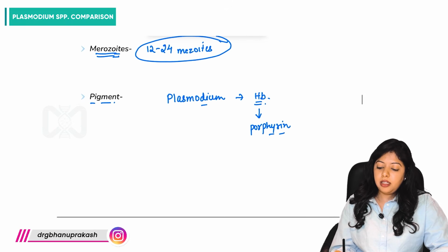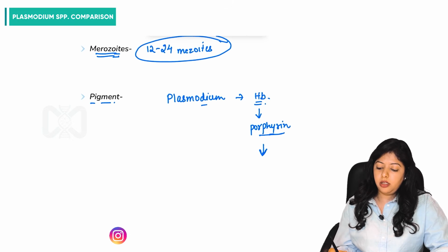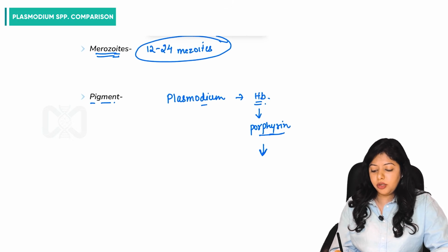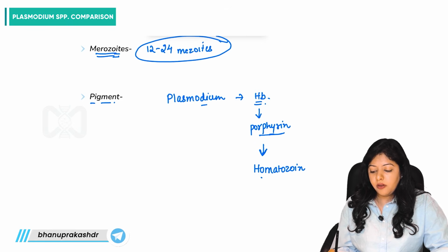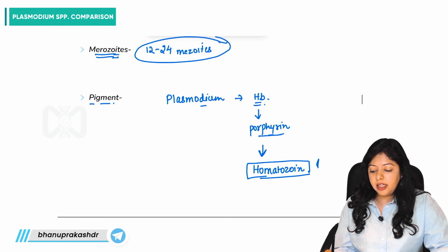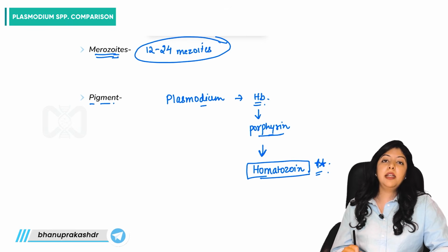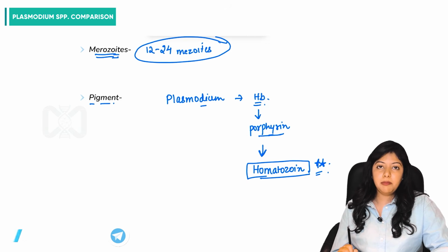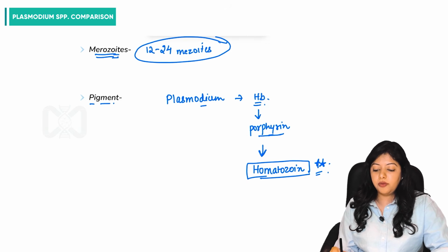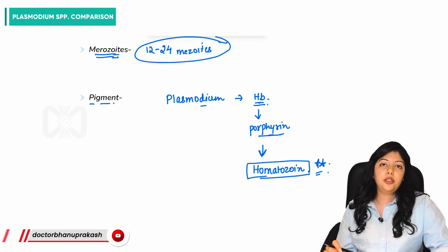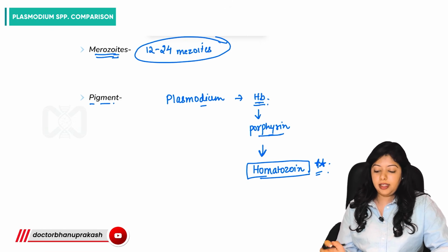So it combines with some components and it leads to the production of hematozoin, which is considered as the pigment for Plasmodium. Pigment seen in malaria because of the combination of porphyrins along with the undigestible products, etc.